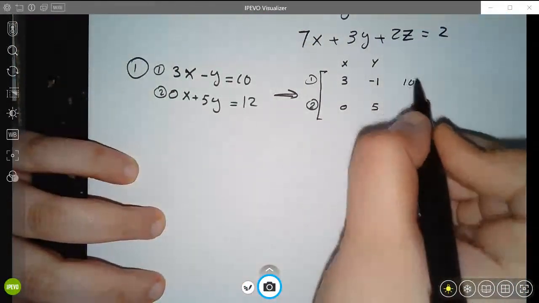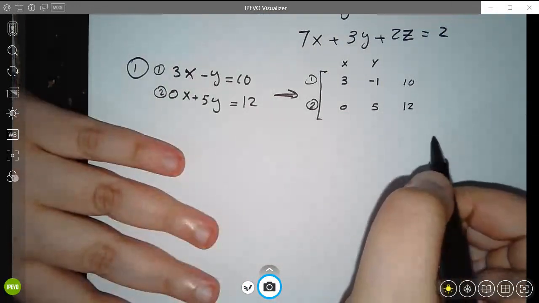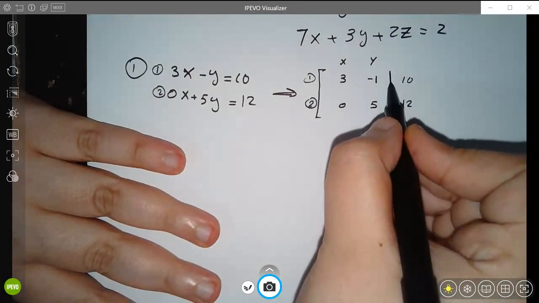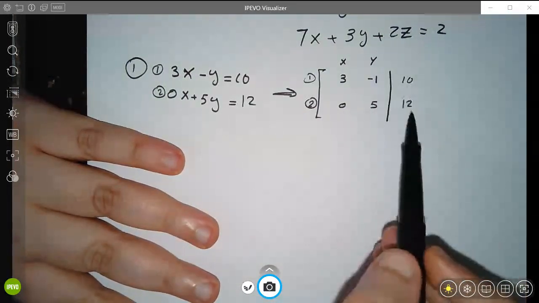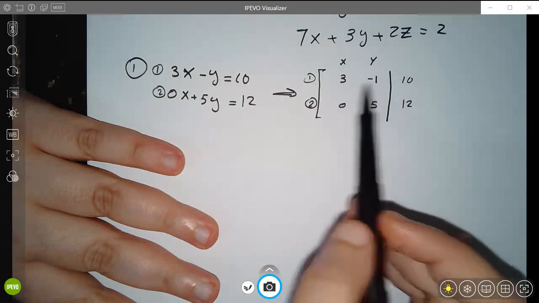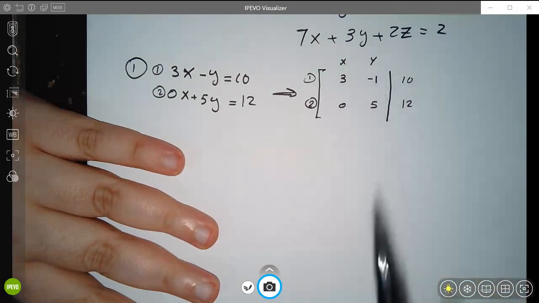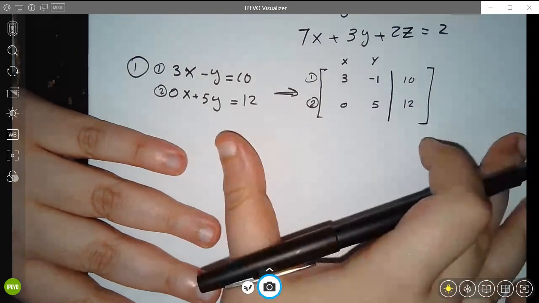You write the 10 for the first equation and the 12 for the second equation. But you draw a line right here to separate. This tells you that these 2 numbers right here are the answers of the system. Make sense? So these are the variables, that's the answer, variables, answer. And then you close the matrix.